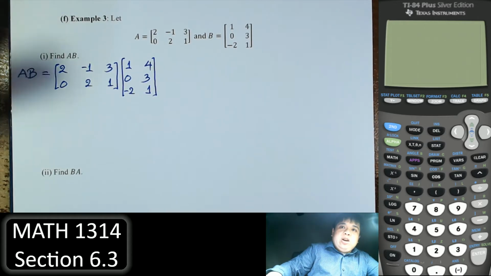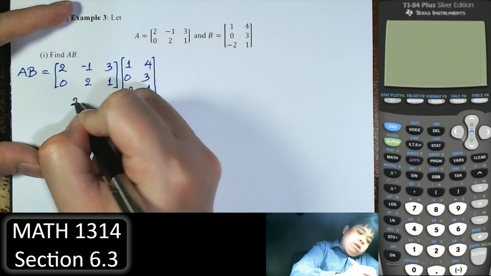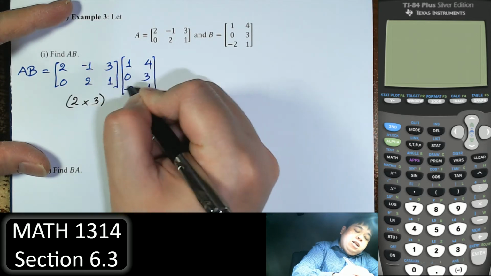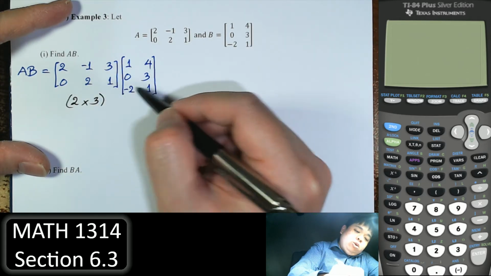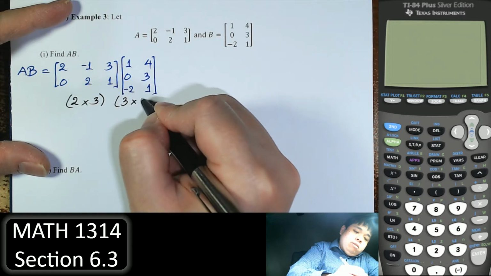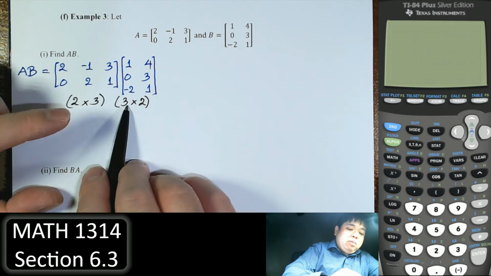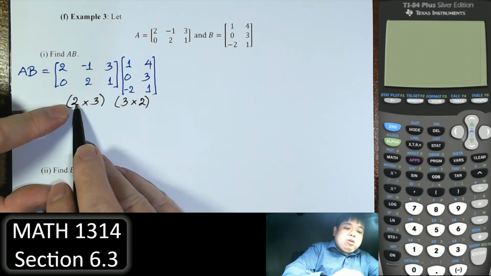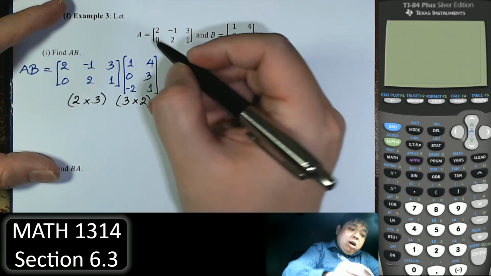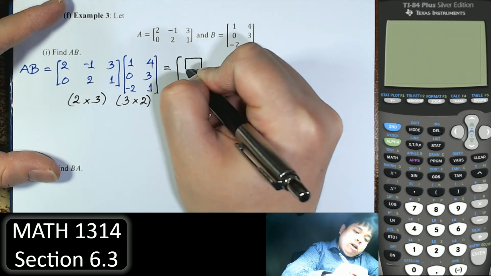So let's check the dimension. This one has 2 rows, 1, 2, 3 columns. This matrix has 1, 2, 3 rows and 1, 2 columns. So the middle numbers match, 3 and 3. So the outside is 2 and 2, and the product is going to be a 2 by 2 matrix.